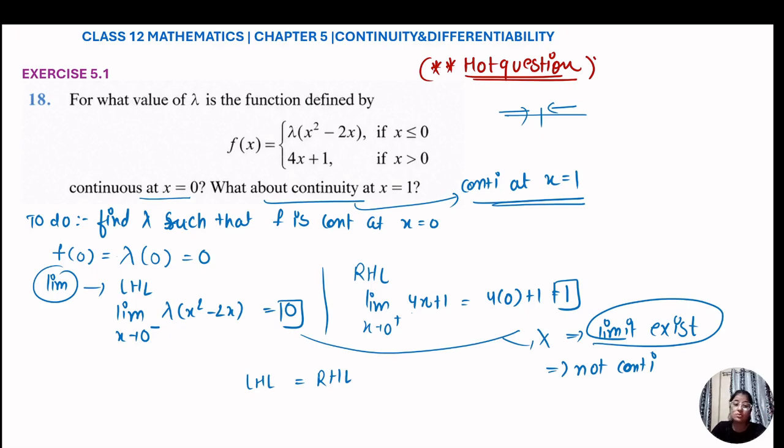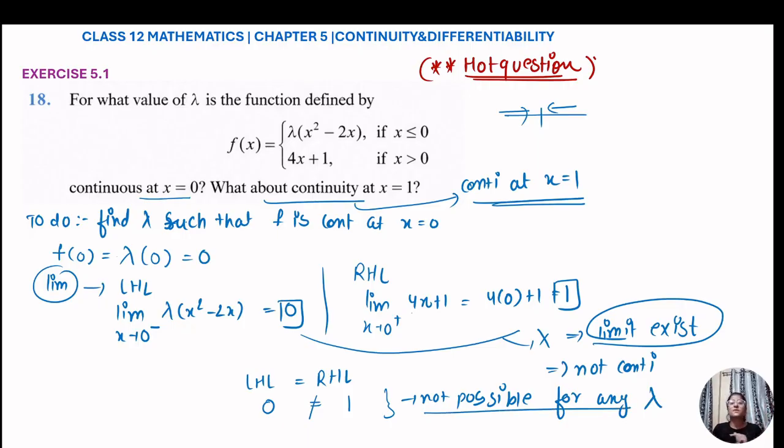Our left hand limit is 0 and our right hand limit is 1. Whatever lambda you choose, because there is no use of lambda here, there is no possible way that 0 equals 1. So this is not possible for any lambda. That means our conclusion is the function is not continuous at x equals 0 for any value of lambda.